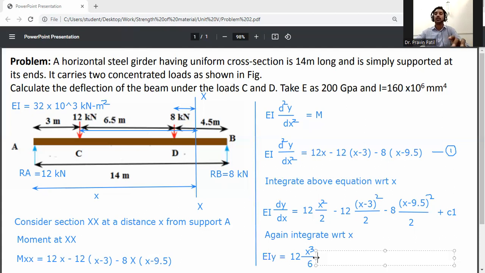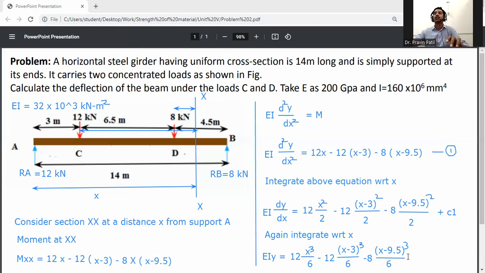Then minus 12 into (x minus 3) cube divided by 6, then minus 8 into (x minus 9.5) cube divided by 6.